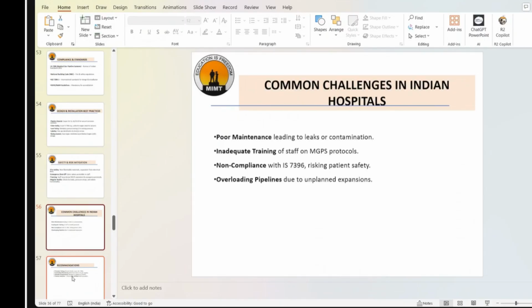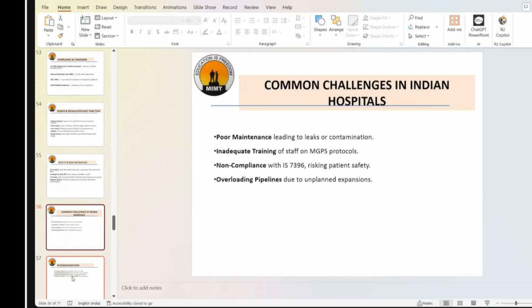All these issues are going to happen. So in the planning stage, as hospital administrator, you can at least have an oversight on all these aspects, whether the load is matching with the hospital requirement or not. That is the important thing for the hospital administration.